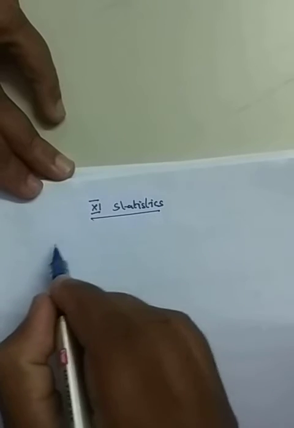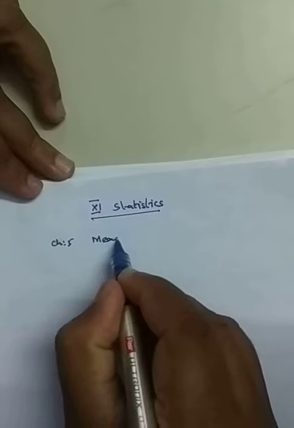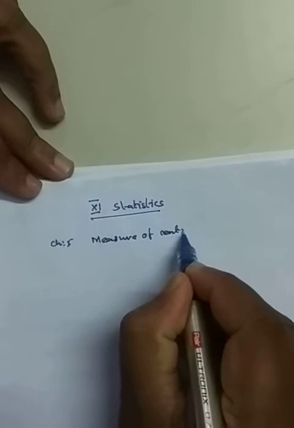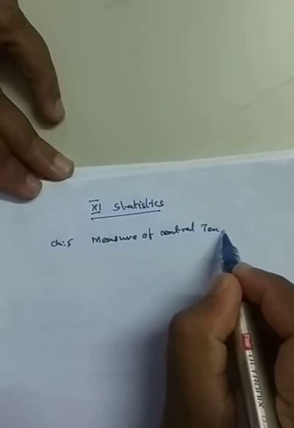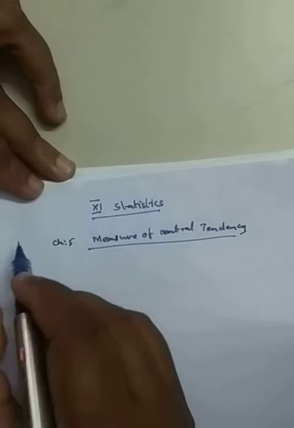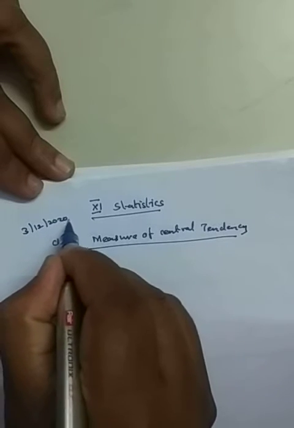Okay, so we are doing chapter 5, that is measures of central tendency. In that we are seeing so many things, so that we can easily understand what is there in the chapter.